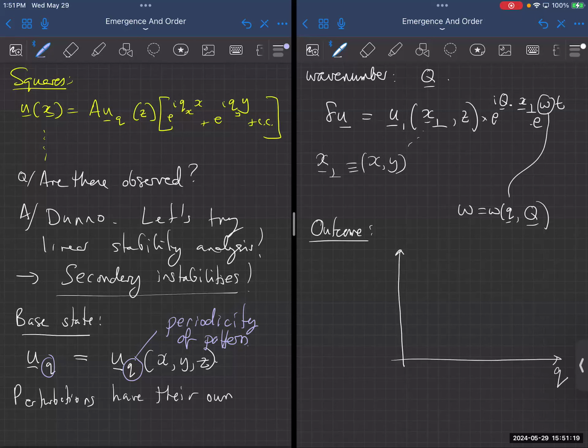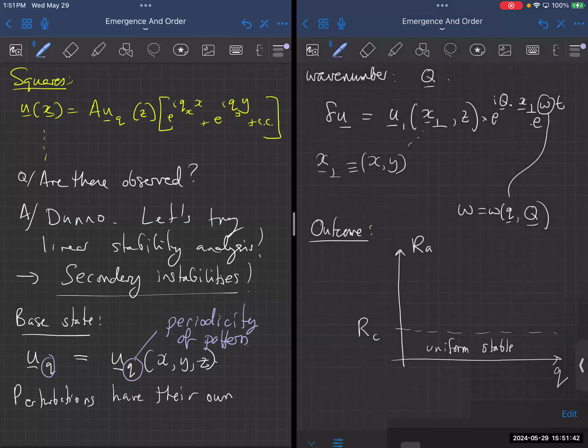So this is Q. This is the Rayleigh number. So q is the wave number of the pattern. So now let me draw the phase diagram. So here is the critical Rayleigh number. So below this, the uniform state is stable. That's what we found.